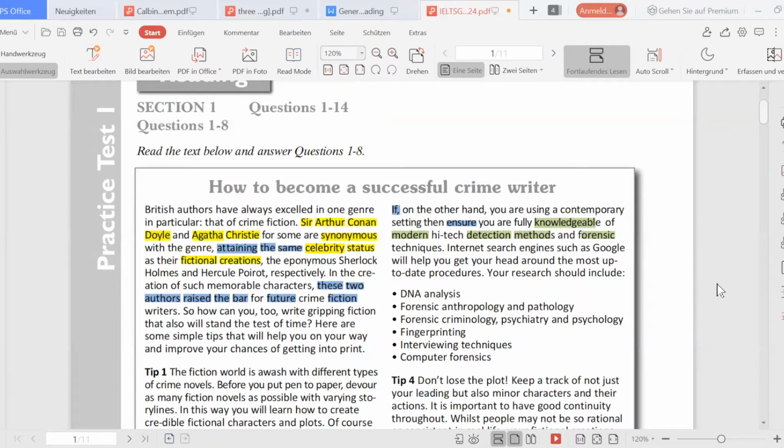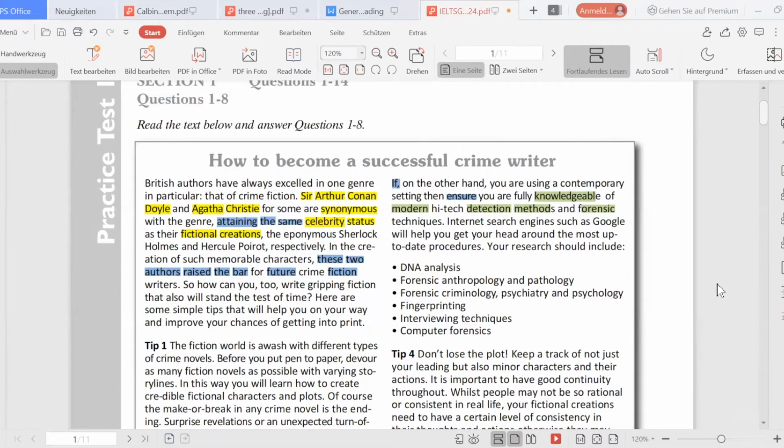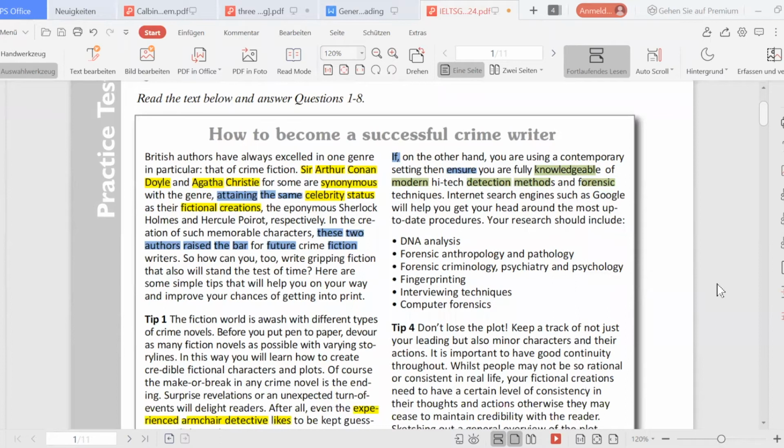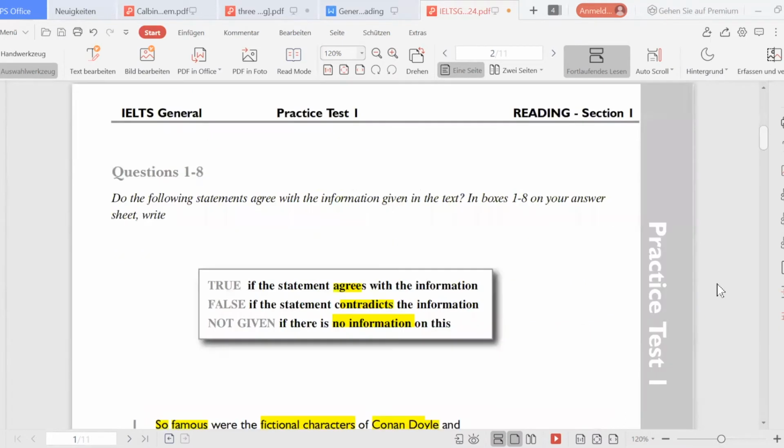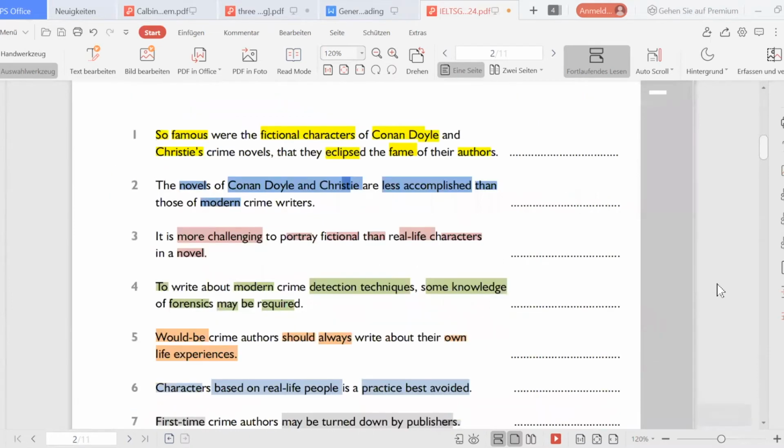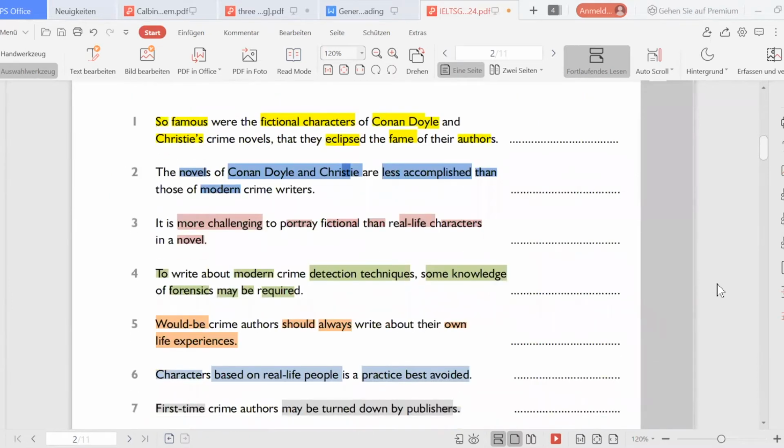Modal verbs are very tricky because they can be reformulated in so many ways. That's why you always want to have them as keywords. Long story short, this statement is actually true. There's really not a lot of discussion about this. The sentence we read supports this statement.